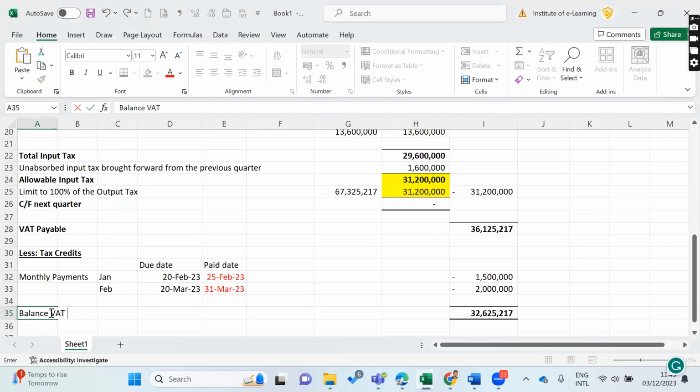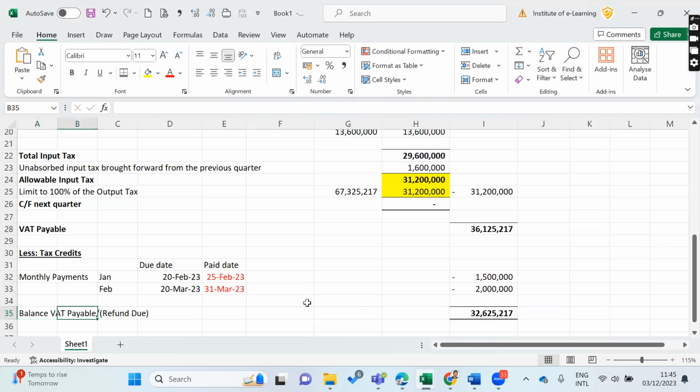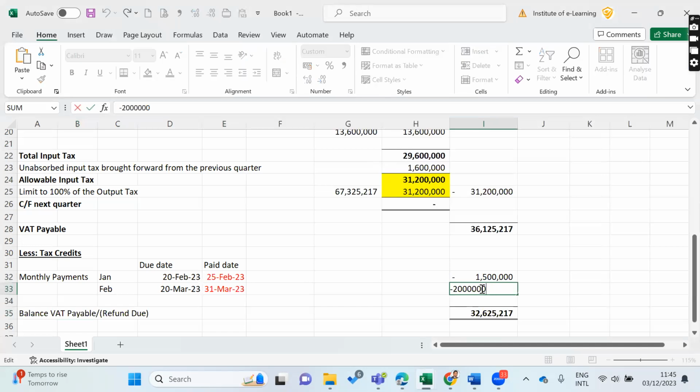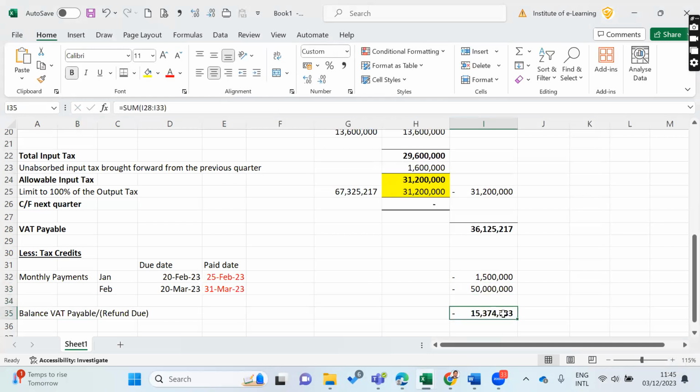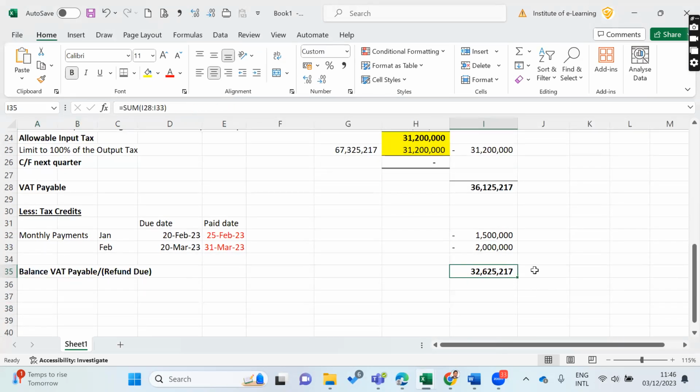If you make an overpayment, you will end up with a refund. Say you have paid 50 million, you will end up with a refund as a minus figure. Here you have only paid the first and second months, 1.5 and 2 million, so 32 million is payable.